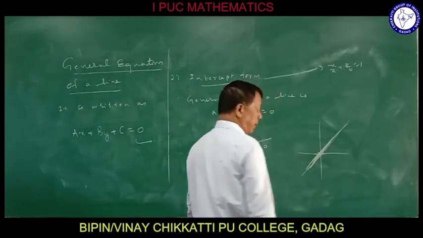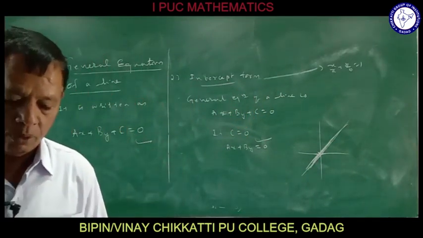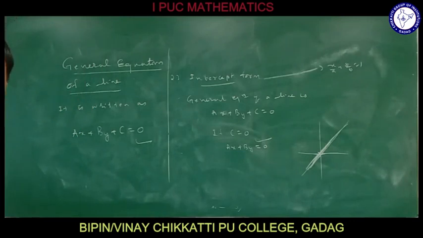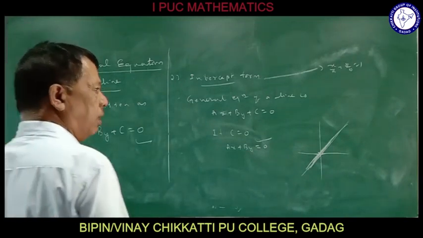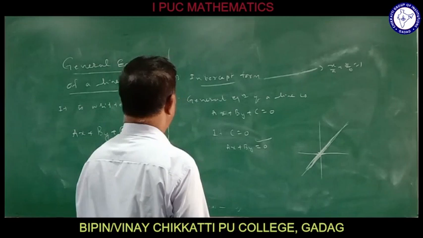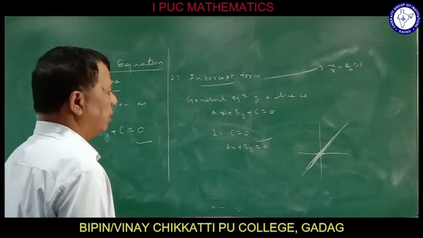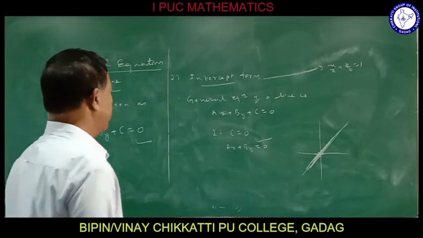When the line passes through the origin, the x-intercept is 0 and the y-intercept is 0. So this is the case with reducing the general equation into intercept form.